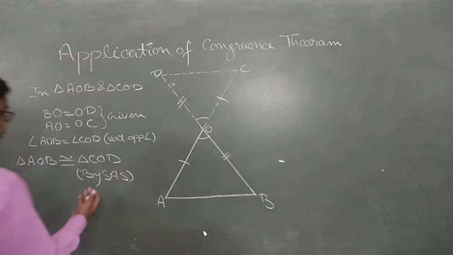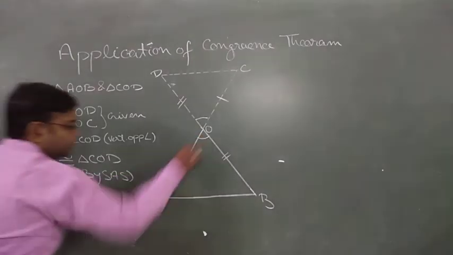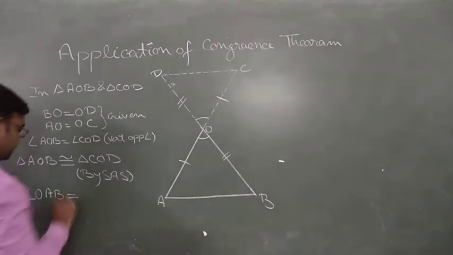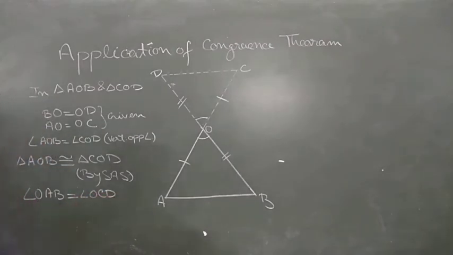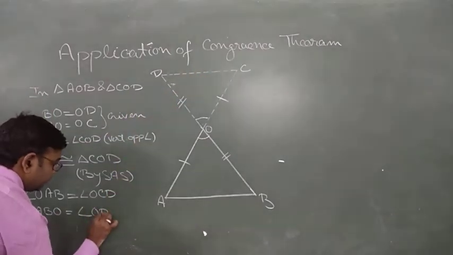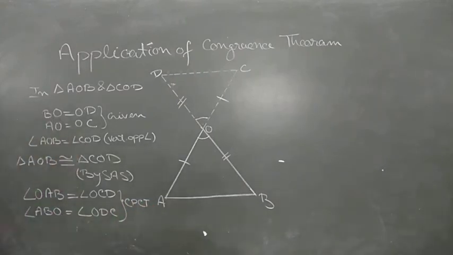Clear? This is your congruency. Then, after we prove this, we can write by using CPCT that angle OAB equals angle OCD, and also angle ABO equals angle ODC. This is by CPCT.